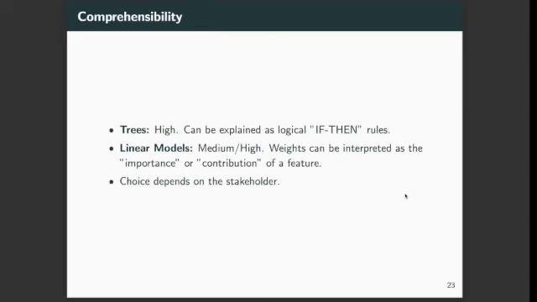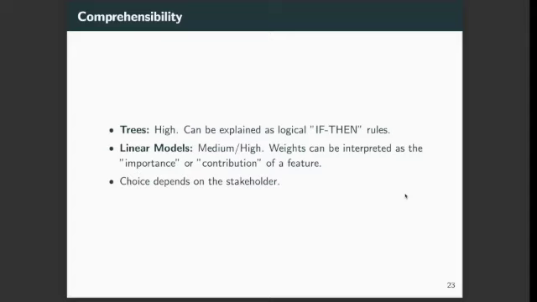The next one is we consider comprehensibility. In terms of interpretation, the trees are considered highly comprehensible because they can be explained by if-then rules. For example, if employed, then what will be the result? If this variable is larger than a certain value, then something something.